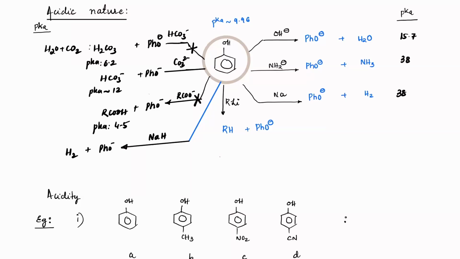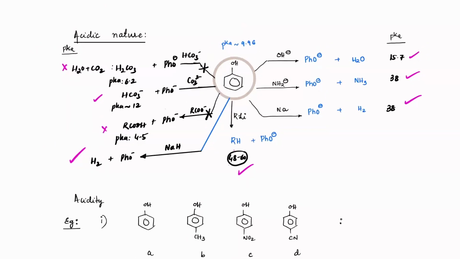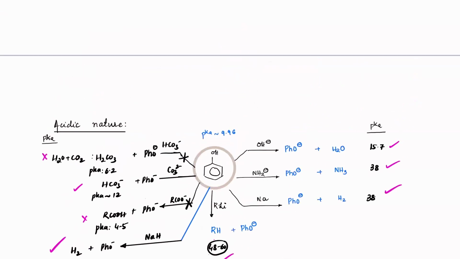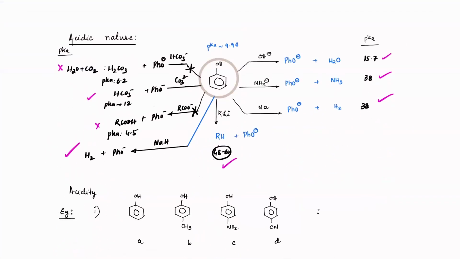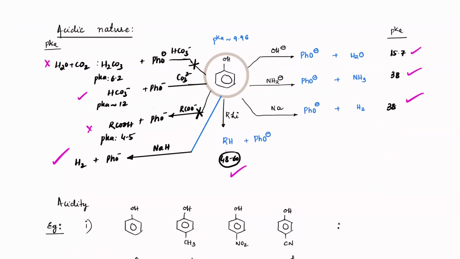So I can clearly say feasible, feasible, feasible, highly feasible reaction. This is not feasible, this is feasible, this is not feasible, and this is feasible. So these are the reactions that could probably happen, everybody. Have a quick look into the acidic nature of phenols once.